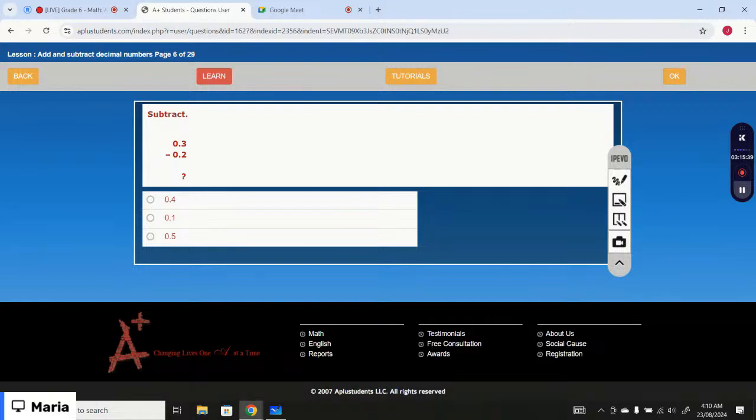The next one is subtract 0.3 take away 0.2. Which is the correct option?